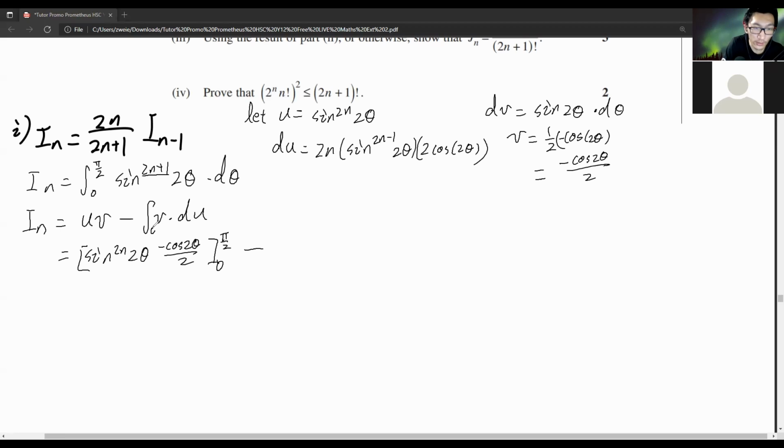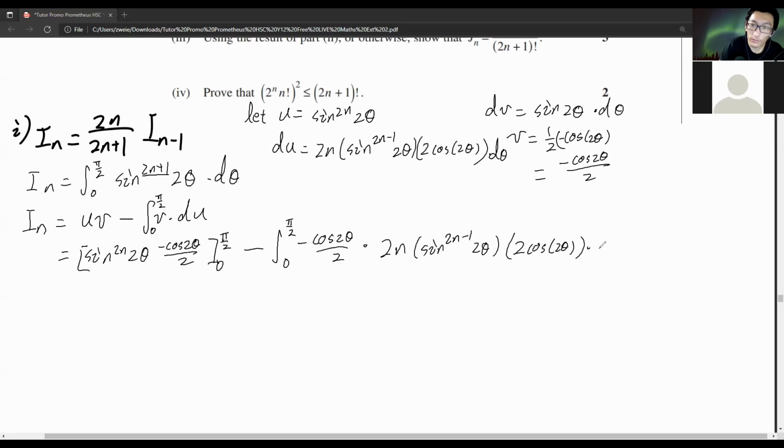Minus the integral from 0 to pi on 2 of v, which is negative cos 2 theta on 2, times du. Sorry, I forgot the d theta. So we get 2n sine to the power 2n minus 1 of 2 theta, and also times 2 cos 2 theta times d theta.